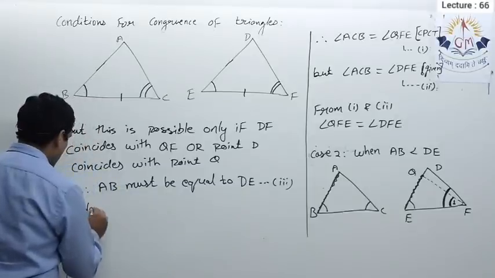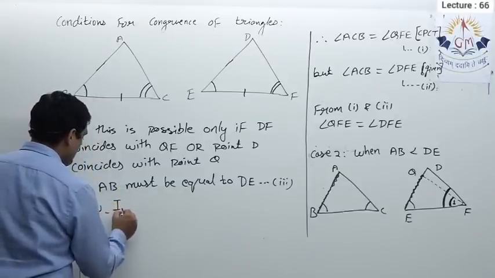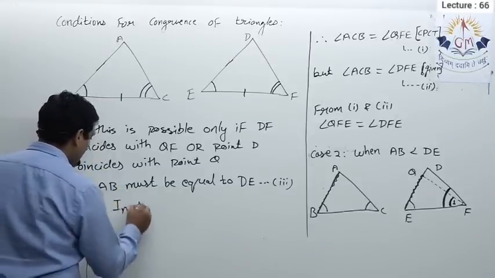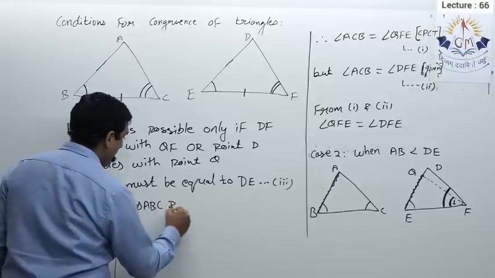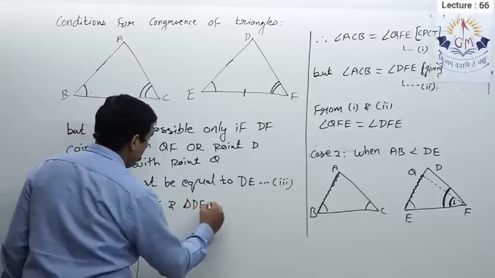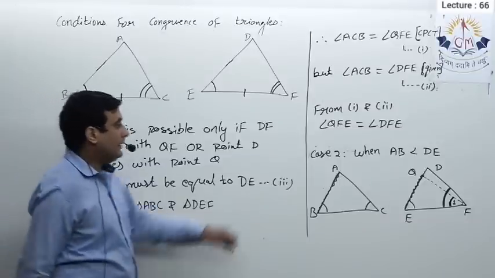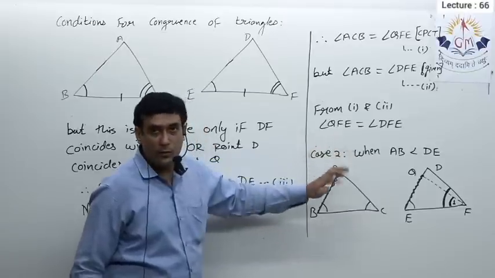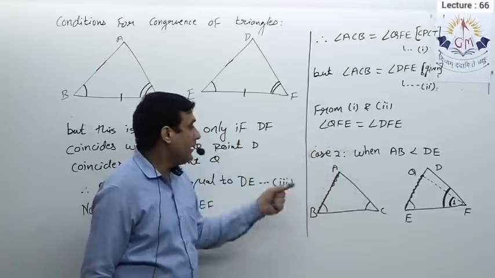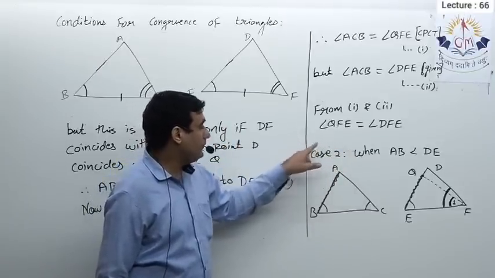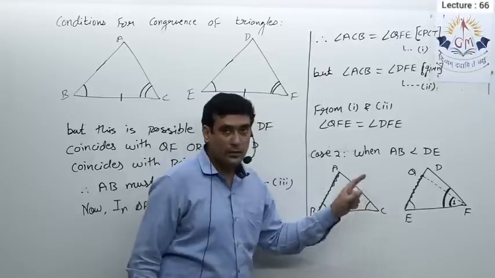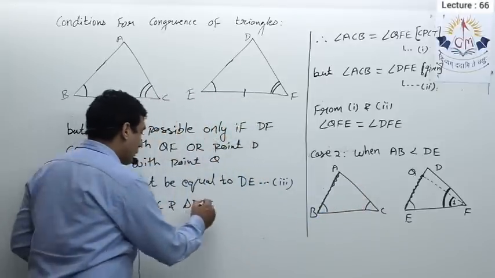Now in triangle ABC and triangle DEF, our target was that in case 1 we proved triangles are congruent, ABC is congruent to DEF. Now in case 2 again my target is to prove the triangles are congruent.